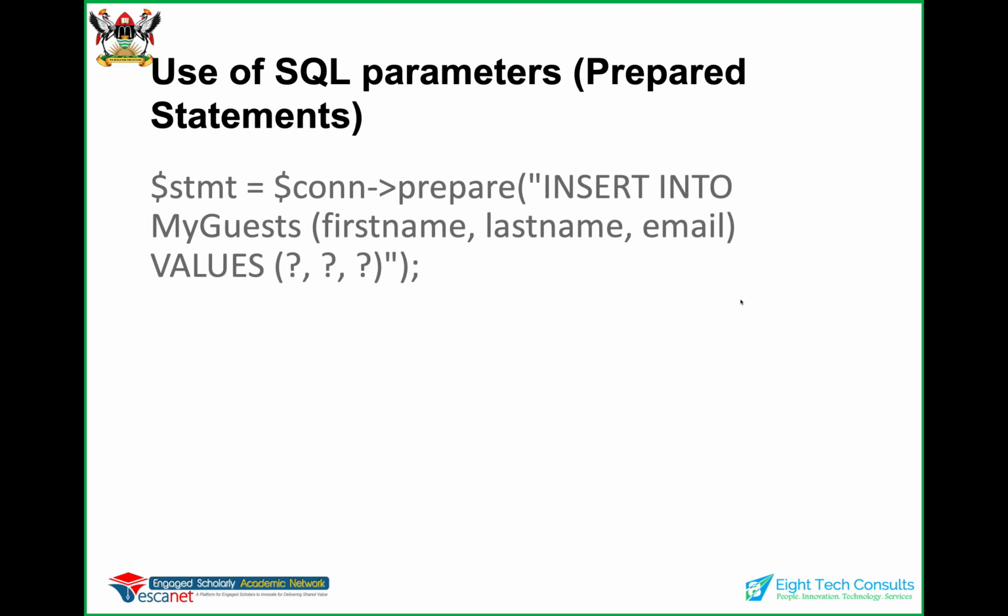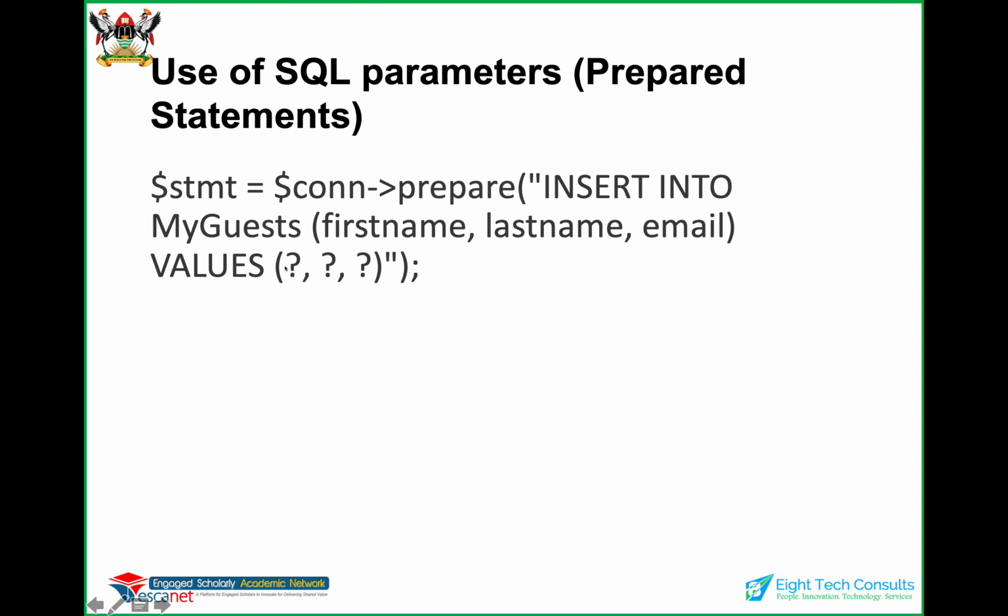So that's another example of a prepared statement. You can see this one. We are inserting into my guest table, this is how it is written. So assume that you're going to insert into the database. So we say insert into the table name, and then here are the values that you're going to insert: first name, last name, and email.